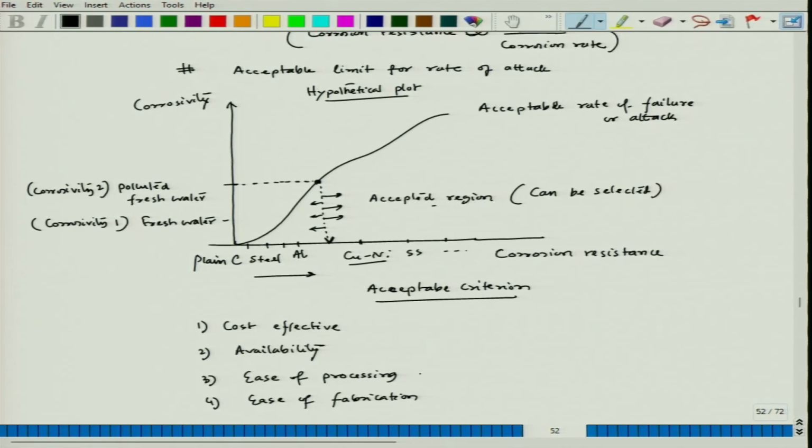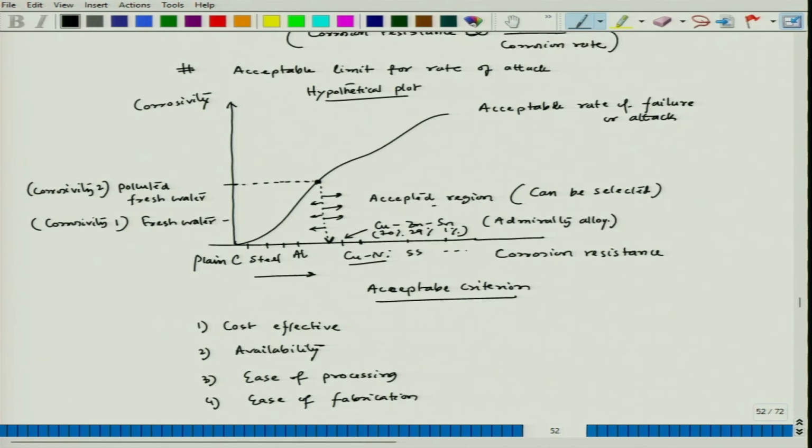Let us say if I talk about copper nickel system, or even Admiralty alloy, which is a low cost copper based alloy, here I can put one more alloy which is copper zinc tin. So, it is 70%, 29% and 1%. This is called Admiralty alloy.